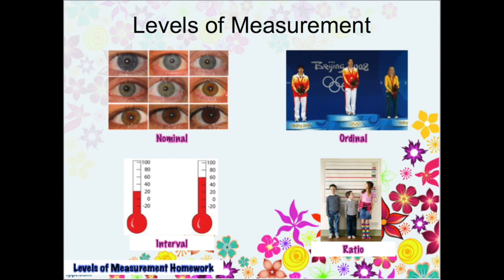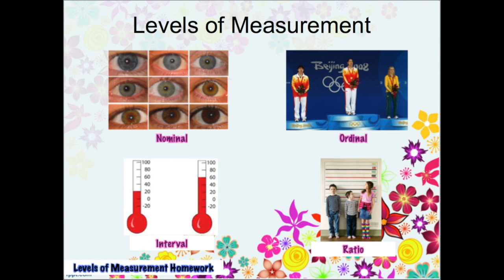So if someone runs a race and the person that comes in first place runs it in 10 minutes, the person that came in second place runs it in 11 minutes, and the person that came in third place runs it in 30 minutes. So the difference between first and second place is 1 minute, and the difference between first and third place is like 20 minutes. So the intervals between the values are not equal.